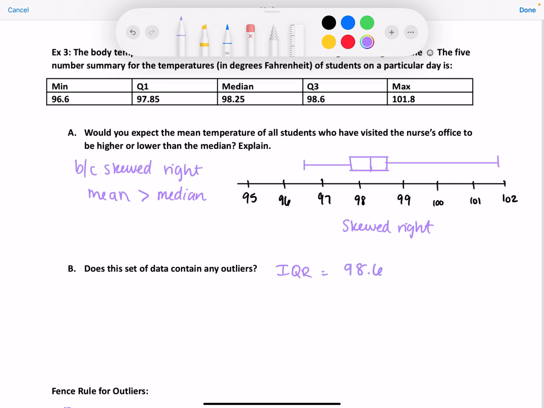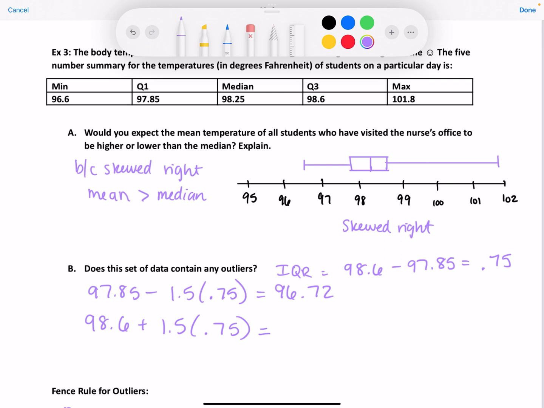So 98.6 minus 97.85, which is 0.75. Then for Q1, 97.85 minus 1.5 times 0.75, and just to save you from having to type it in, 96.72. And on the flip side, 98.6 plus 1.5 times 0.75 is going to be 99.73.